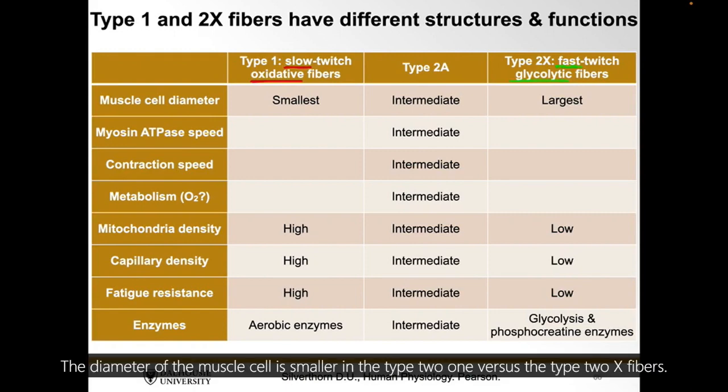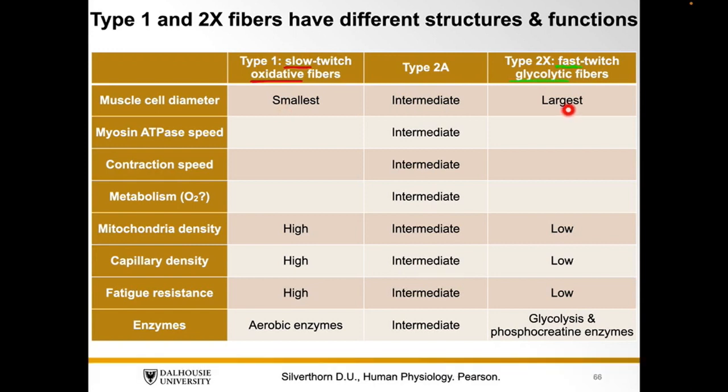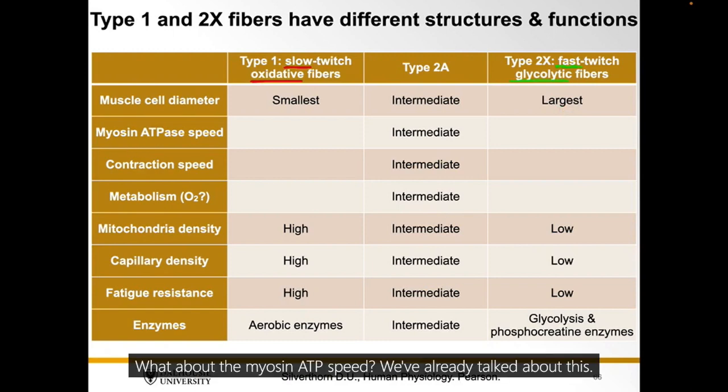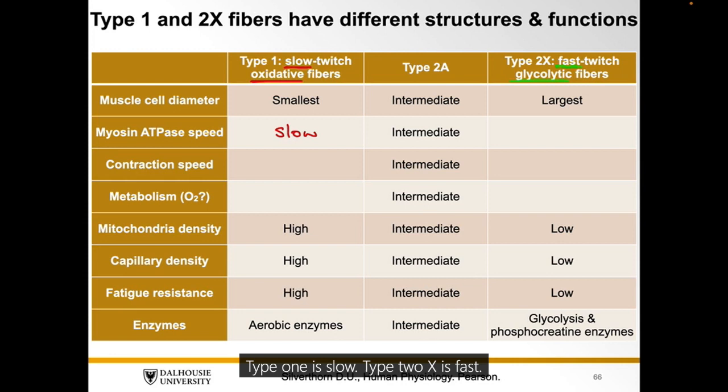The diameter of the muscle cell is smaller in the type 1 versus the type 2X fibers. What about the myosin ATPase speed? We've already talked about this. Type 1 is slow, type 2X is fast. And this characteristic dictates how quickly that muscle fiber can contract.